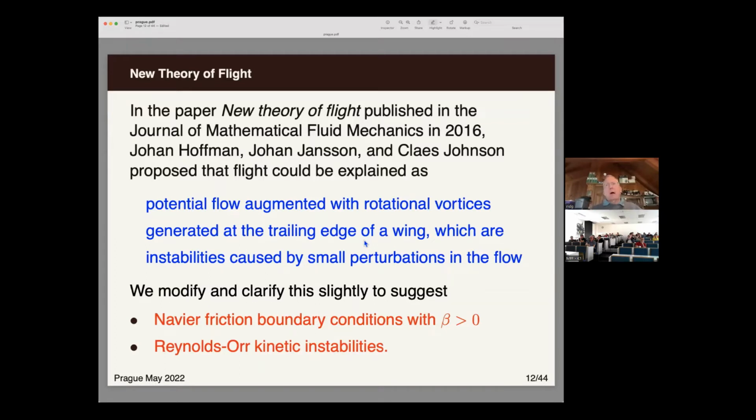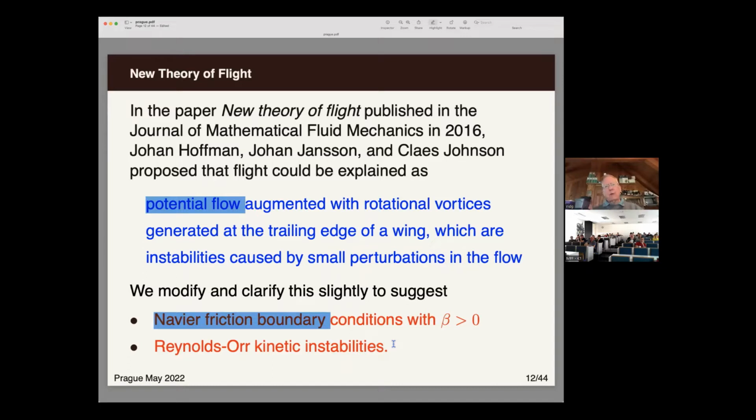And so now let's go on to the new theory of flight. In this new theory of flight, what they propose is that flight can be explained as potential flow augmented with some sort of instabilities caused by rotational vortices. Okay, so I'm going to modify that slightly. Instead of potential flow, we're going to take Navier friction boundary conditions, and we're going to look at a specific kind of instability, Reynolds or kinetic instability.